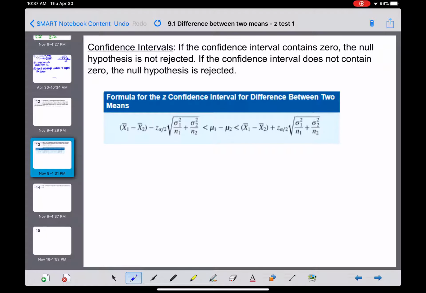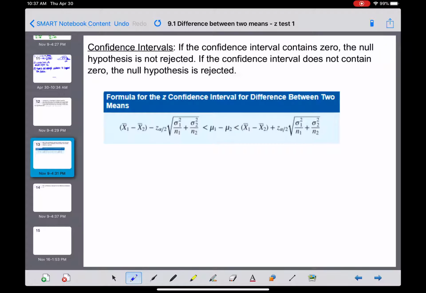Okay, and then confidence intervals. In this chapter, we're going to do the hypothesis test and then the confidence interval. The confidence interval is another way to figure out, if you're doing a hypothesis test, whether you would have rejected H naught or not. If the confidence interval contains 0, then the hypothesis is not rejected.